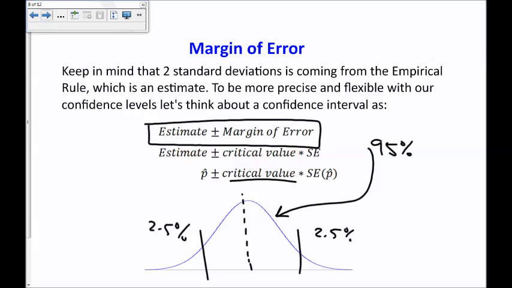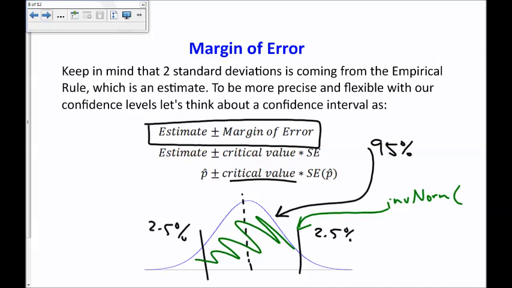I can find this value by looking at inv-norm of the 0.95 plus 1 tail, which would be 0.975. If you grab a calculator and do inv-norm of 0.975, you will find that the critical value is not 2, it's actually 1.96, which is very close. So it's actually 1.96 times the standard error.